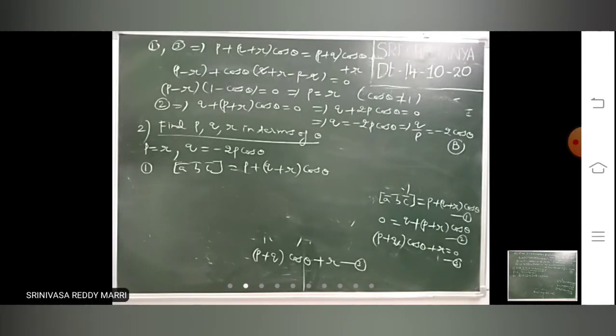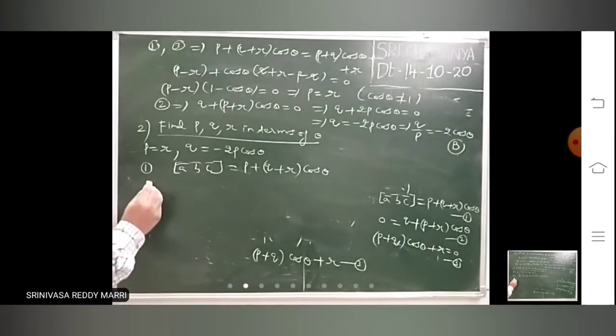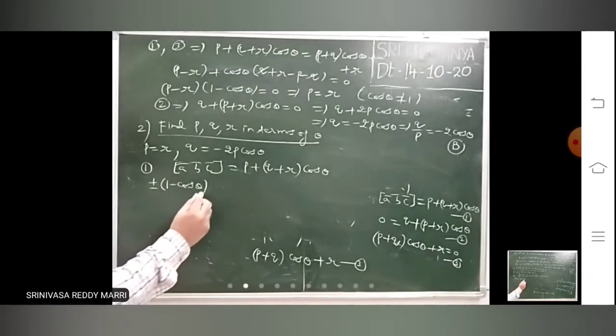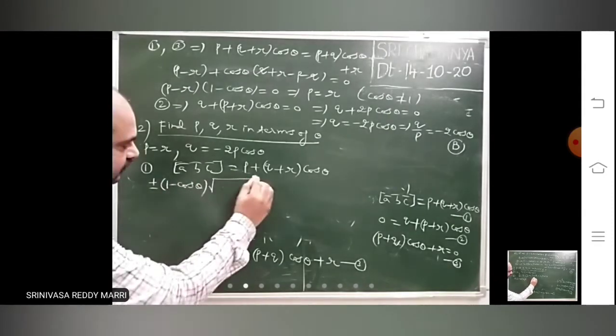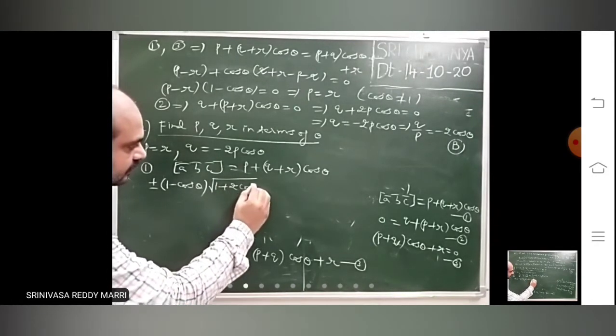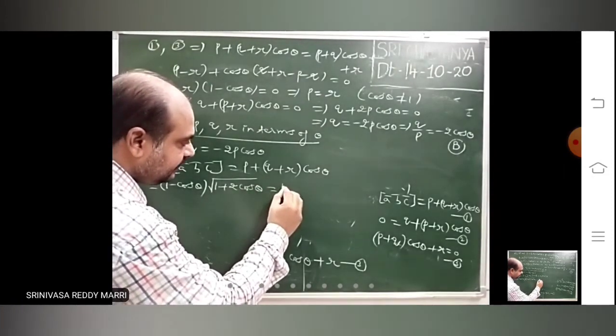So now I want to find P. So the box ABC formula I told. The box ABC formula is what? Plus or minus, previously we have discussed, plus or minus root of 1 minus cos theta equals. So this is P.